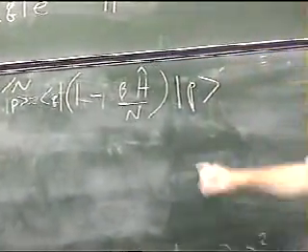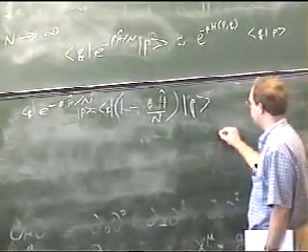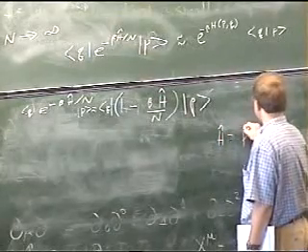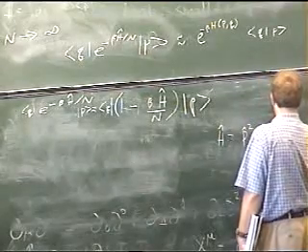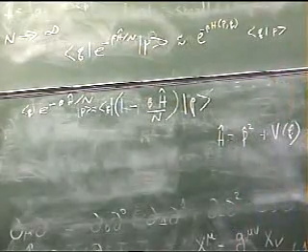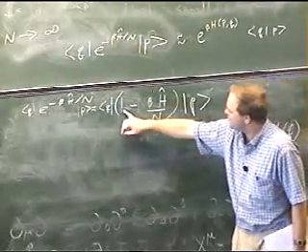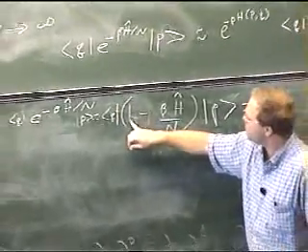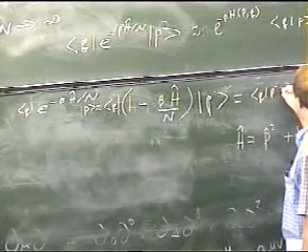Now let's think about what this is. This h hat is just some operator, and let's suppose for simplicity that h hat is p hat squared plus v of q. Then I can evaluate this. The matrix element of 1 between q and p is clear. That's just q with p.